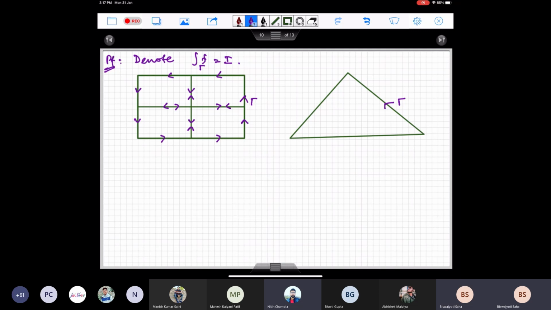So if I break my rectangle into 4 subrectangles, all of the same size, with the sides and height divided by 2, and if I consider the integral along the boundary of the subrectangles, then my first claim is that they add up to the integral along the boundary of the bigger rectangle.